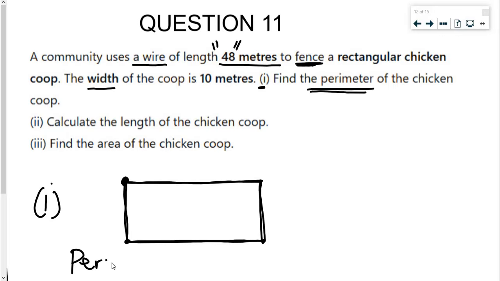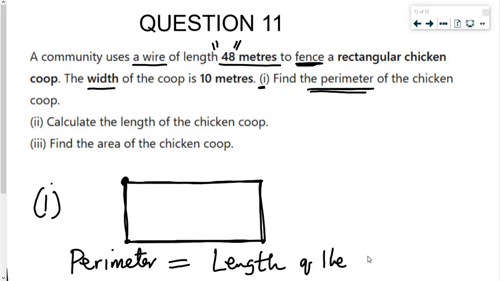The perimeter of this rectangular chicken coop will be equal to the length of the wire itself. That's all. So the perimeter will be equal to the length of the wire, which is 48 meters.